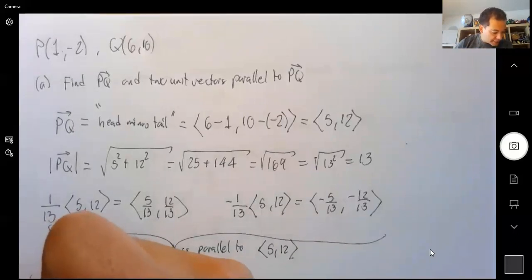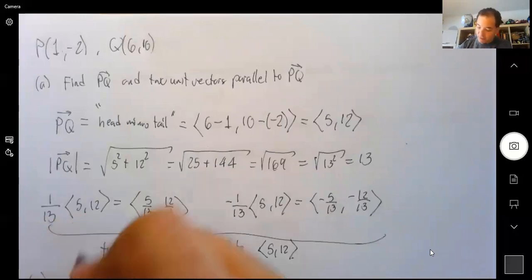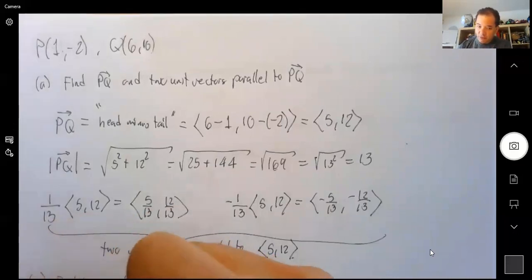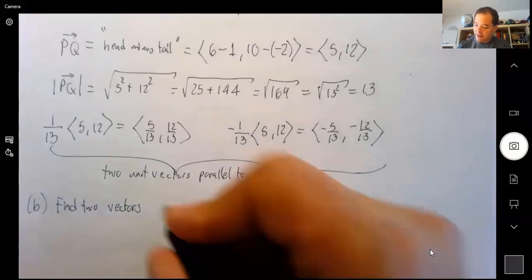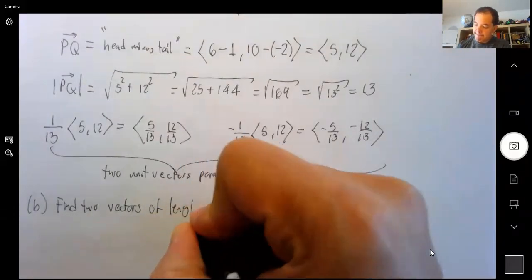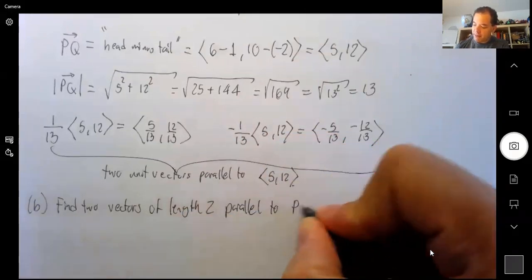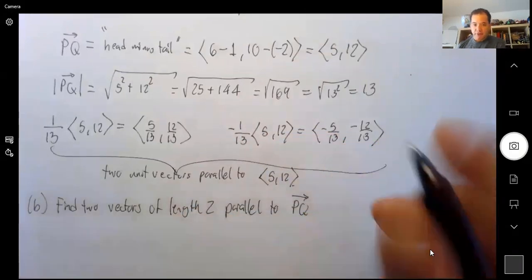Part B now asks for 2 vectors of length 2 parallel to PQ. Okay.